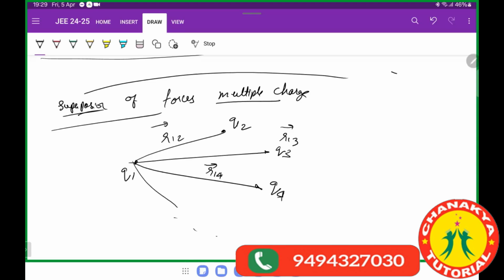So the sum of all will give you the total force on Q1.